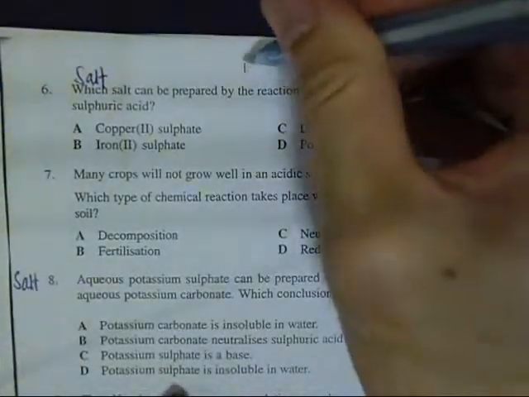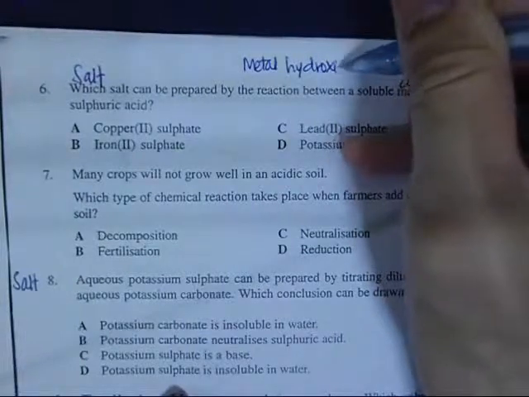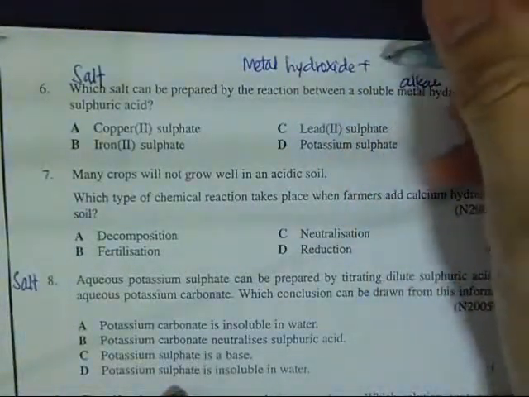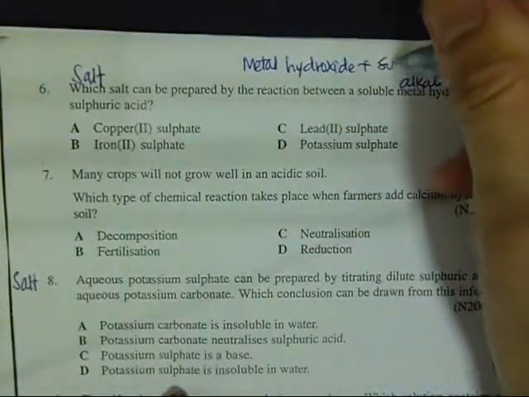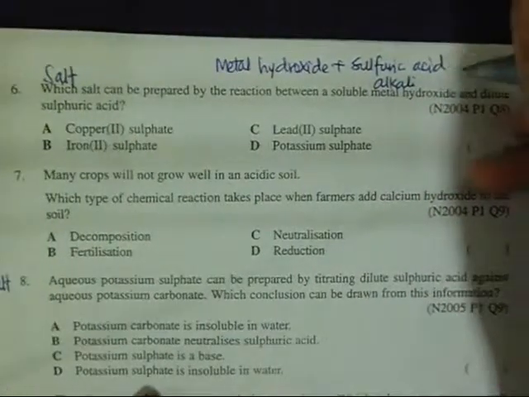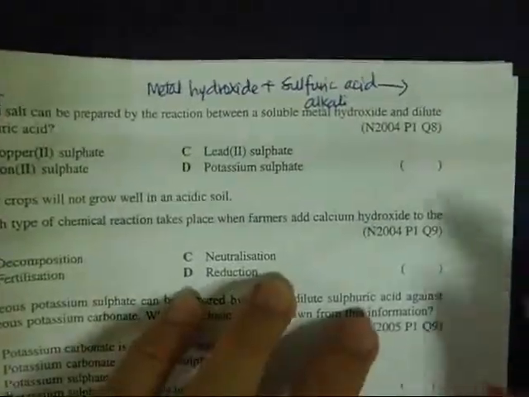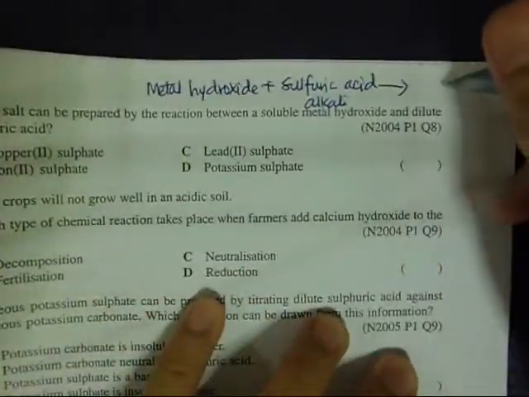So if I have metal hydroxide react with sulfuric acid, I'll get a salt. And then the name of the salt, there are two parts. The second part must be sulfate.